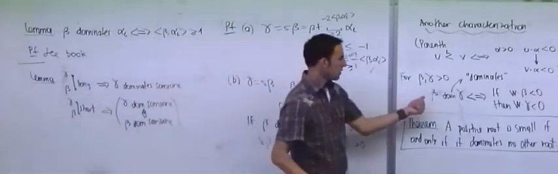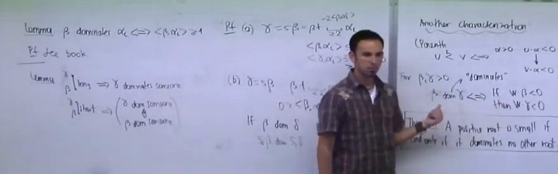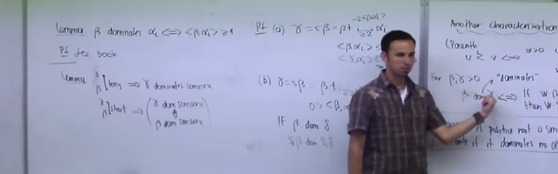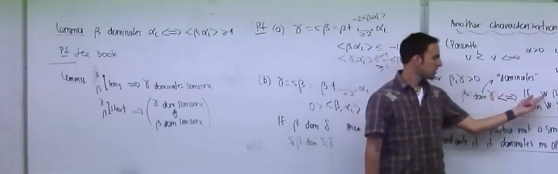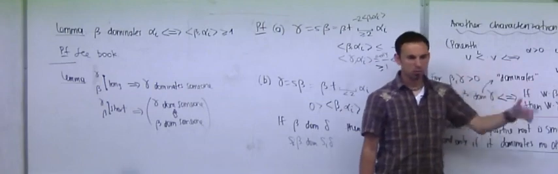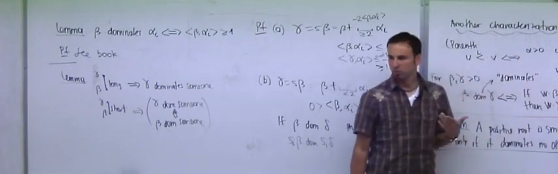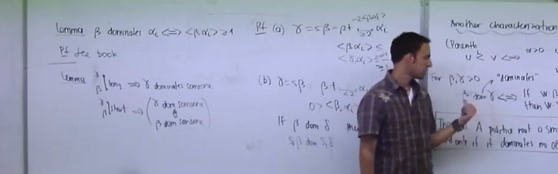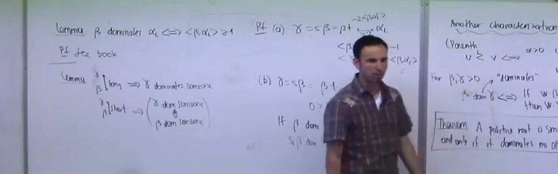Because if you look at this definition, if you stick an Si in front of here and an Si in front of here, then all you're doing is that instead of W, you have WSI. But if W is ranging over the whole group, that means that WSI is also ranging over the whole group. So if beta dominates gamma, then also Si beta is going to dominate Si gamma.